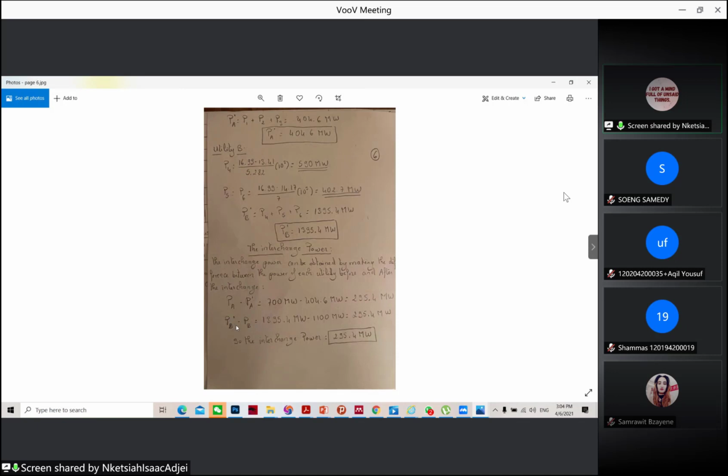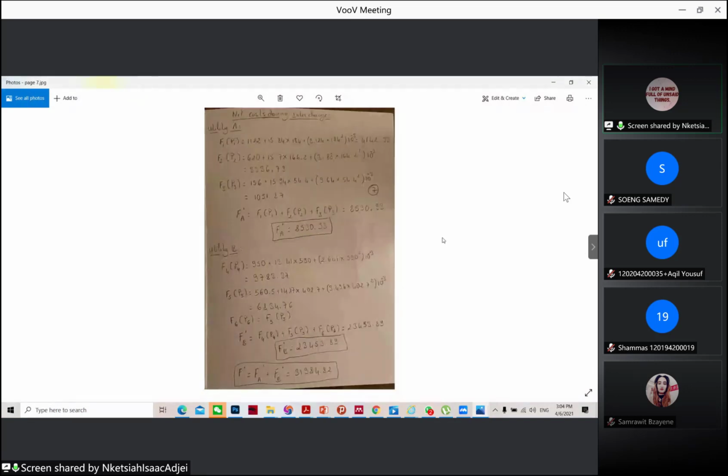Utility B prime minus utility B gives us 1,395 minus 1,100 megawatts, which gives a total of 295.4 megawatts. So their interchange we could see here is 295.4 megawatts. Then we look at their cost during the interchange.